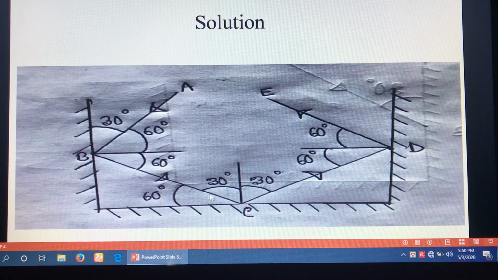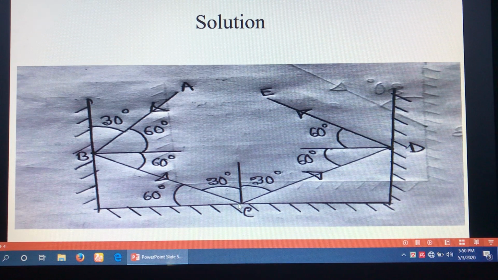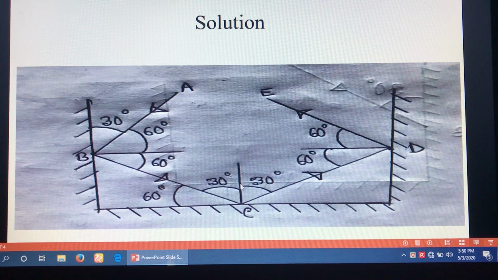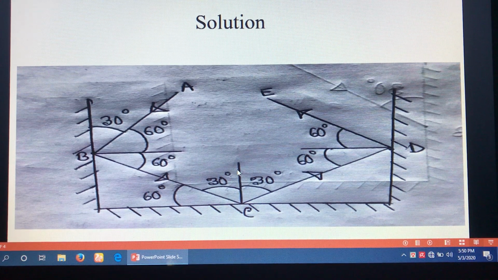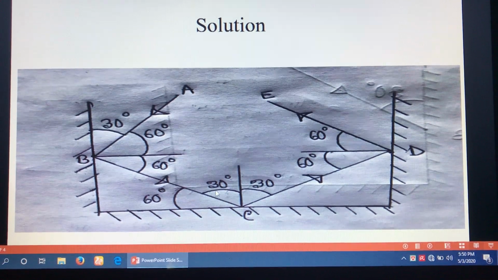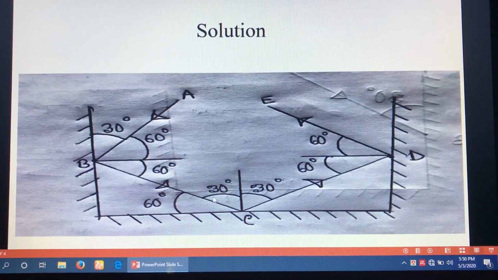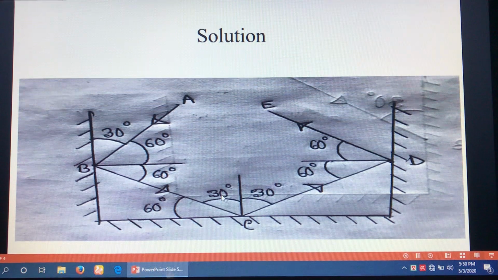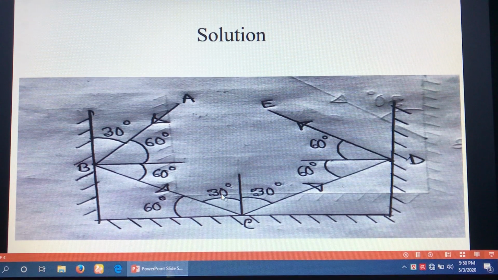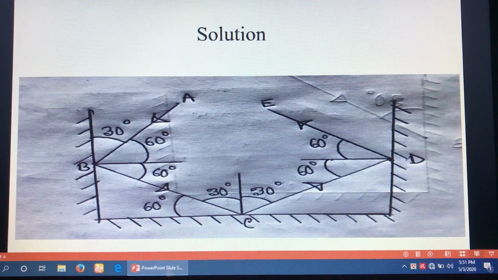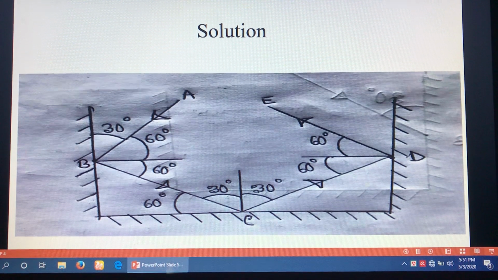So at point C, we draw a normal. The angle between the normal and the incident ray is 30 degrees. So this is the angle of incidence, 30 degrees.